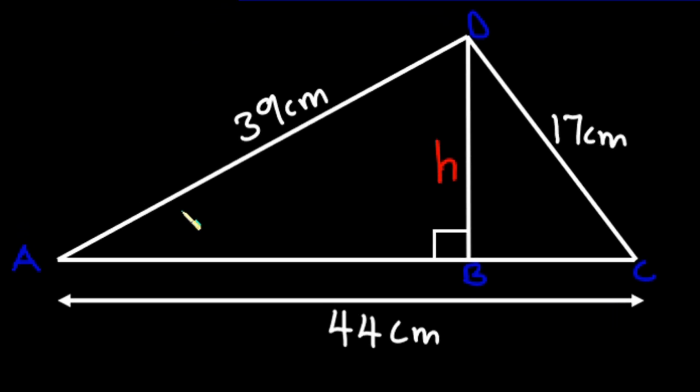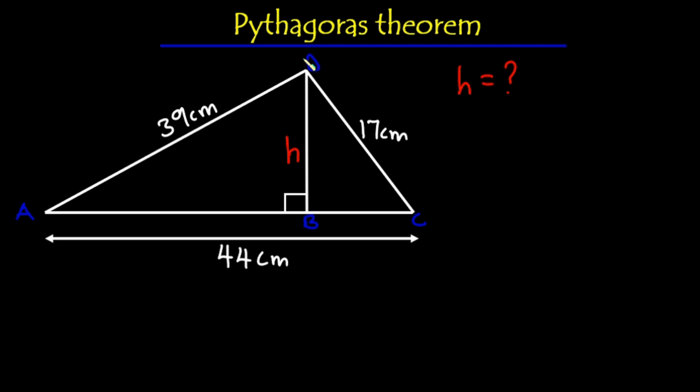First of all, let's consider right-angled triangle ABD. From this right-angled triangle, we can have the distance from A to D squared is equal to the distance from A to B squared plus the distance from B to D squared. But we know that AD is 39, so we're going to have 39 squared is equal to AB, we don't know, but from the question the distance from A to C is 44 centimeters.